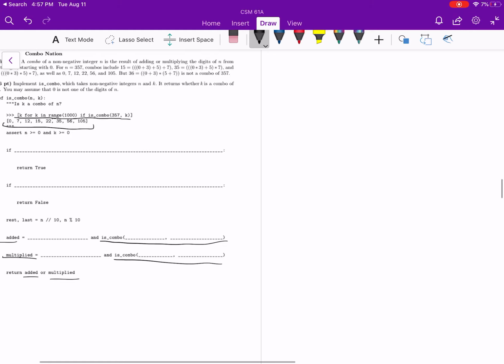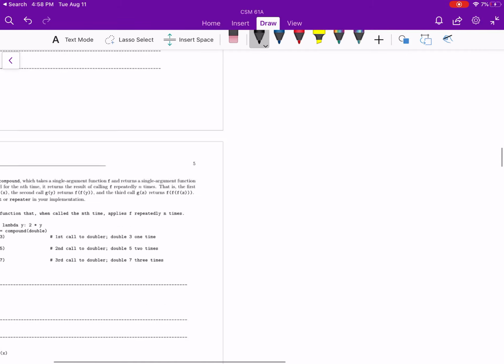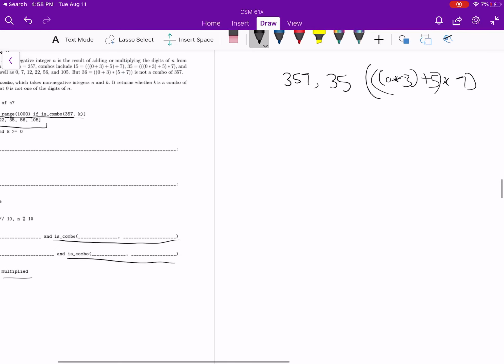So for example, if we had 357 and 15, or let's use one that has addition and multiplication, so 35, then 35 we know is 0 times 3 plus 5 times 7. And we somehow want to split this up into two possible cases. Maybe on the left we'll do the addition case, and on the right we'll do the multiplication case.